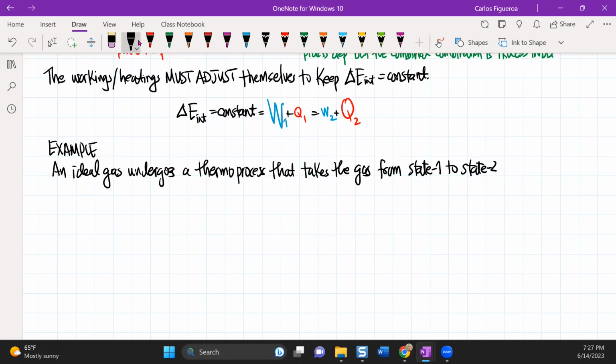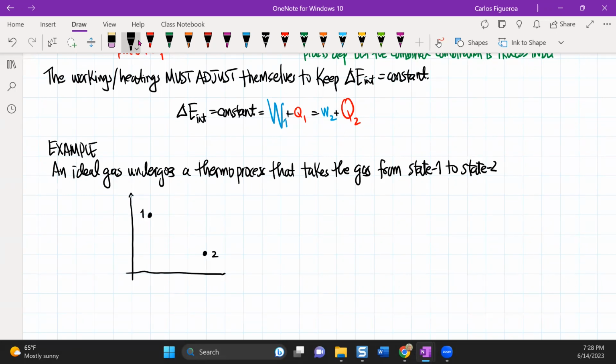So let's just pick some example here. I imagine that I have a PV diagram like this, and I'm going to pick my state right here. This state is state 1, and then I want to go to this state, which I'm going to call state 2.